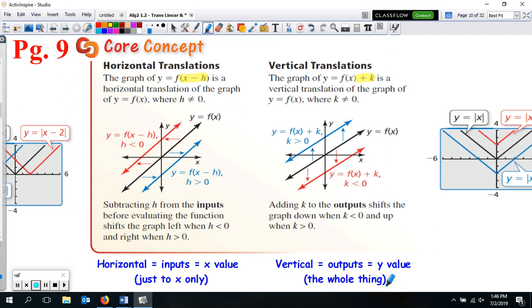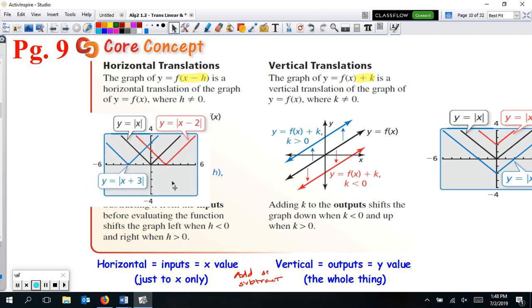So whatever you're going to do, in this case we're going to be adding or subtracting our numbers. You can put down between these here that this is add or subtract. We're going to either add or subtract to either just the x value only or to the whole entire thing, which means putting it on the outside of the function and doing it that way.